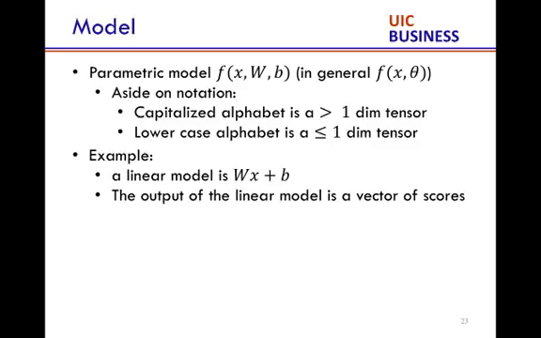In general, you can have more, but anything greater than a 1-dimensional array, I'm going to represent using a capital letter. A matrix has 2 dimensions, rows and columns, so that's why it's a capital symbol for a matrix as well. And for less than or equal to one dimension, I'm going to use a lowercase symbol.